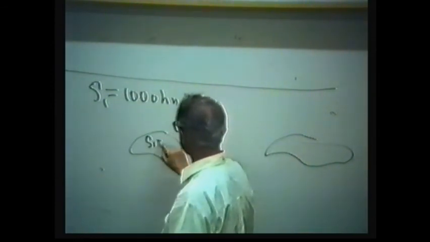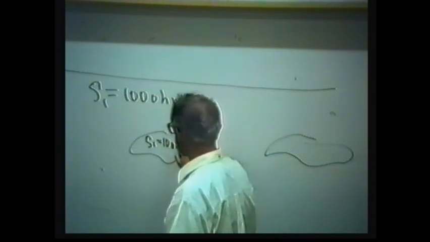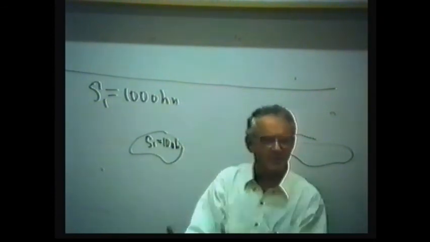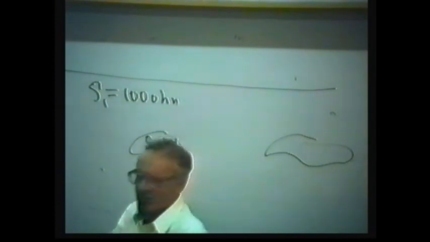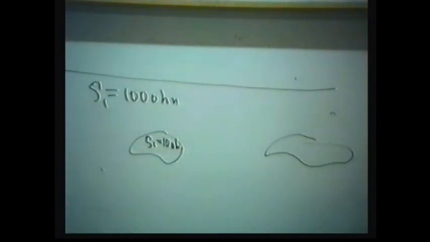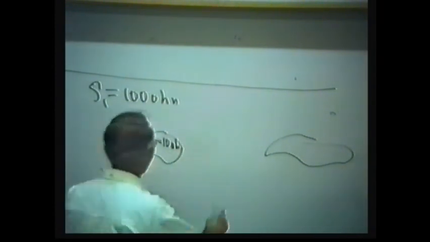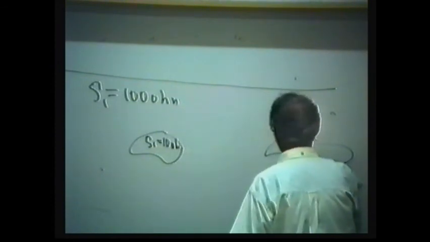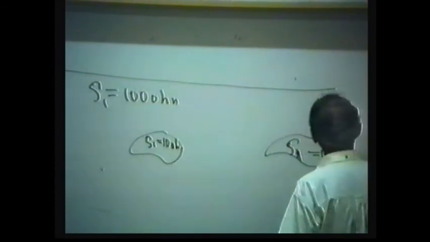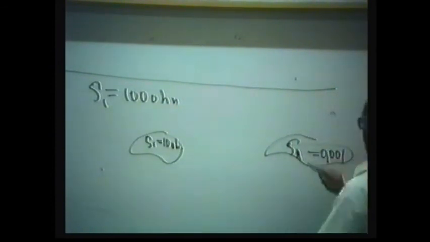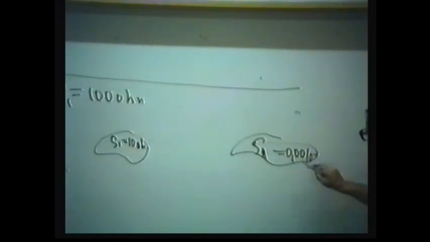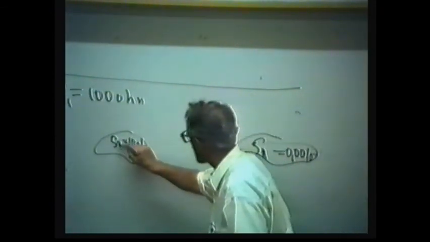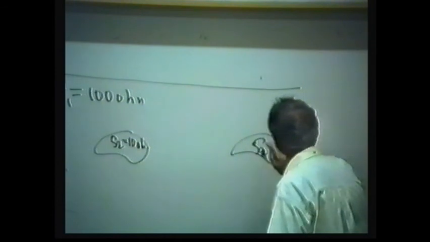This target, let us say 10 ohmmeters, some cavity filled by clay or salt water, doesn't matter. And then a very good conductor, 0.001 ohmmeter. I am sorry, rho 2 and rho 2.